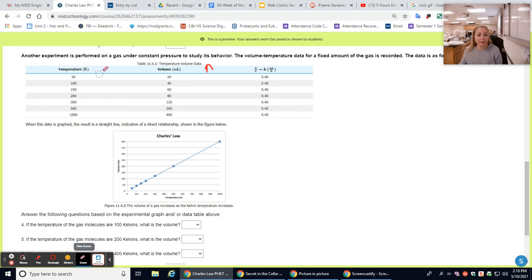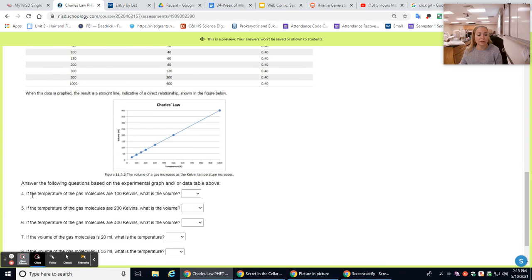So if the temperature of the gas molecules is 100 kelvins, what is the volume? Let's look at the temperature at 100.